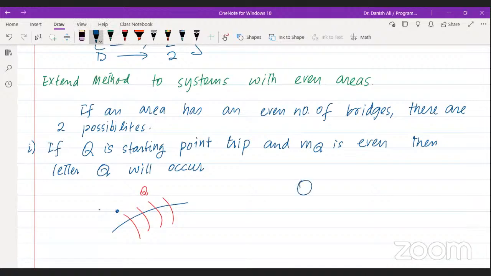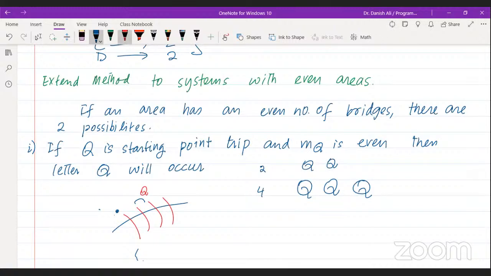In the start you have Q, you travel and then come back and use Q, then go to some other bridge and come back. So if you have four, then you have three times. When you have two bridges, you use two Qs. When you have four bridges, you use three.